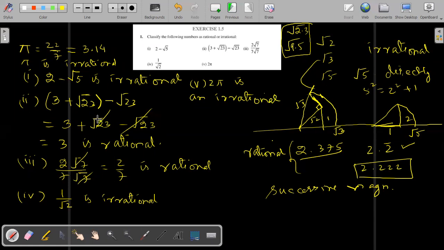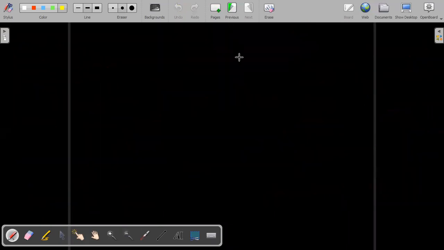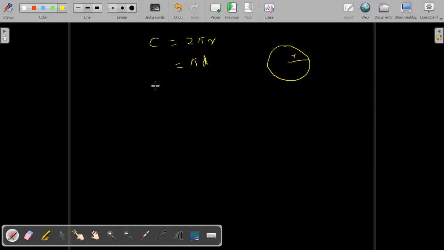Pi actually, what is pi? Okay, we will see. When you see any circle, suppose you have this circle, and this is your radius and this is your circumference. So what is the formula of circumference? Circumference is equal to 2 pi r, or you can write pi d. So pi is equal to circumference upon diameter.